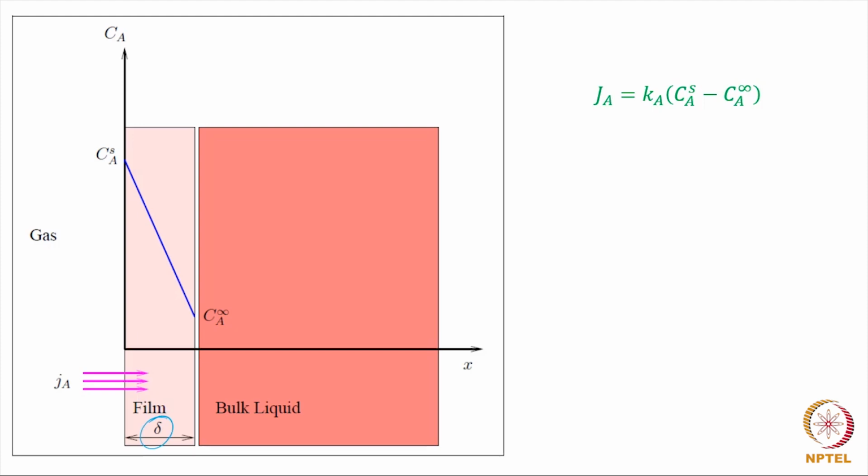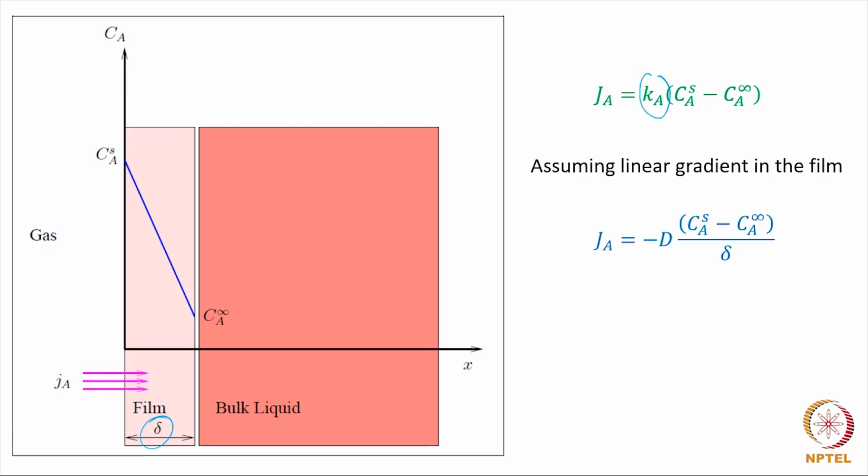And we also assume that this being a very thin film, the concentration profile is linear between them, and the two relevant concentrations are CSA and C infinity A. So we can write the definition of the mass transfer coefficient as we have given earlier, and because the gradient here is linear, by using Fick's law, you can actually already write the flux as minus D into the gradient, which is nothing but the difference of the concentrations divided by delta.